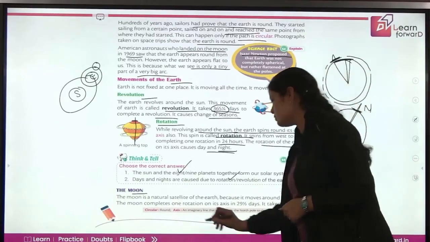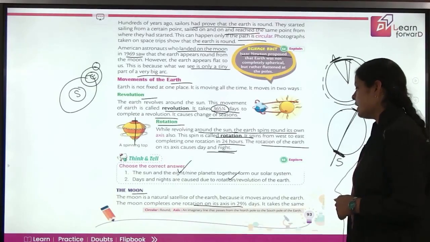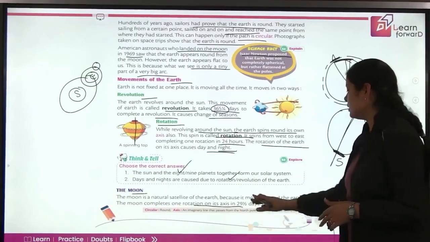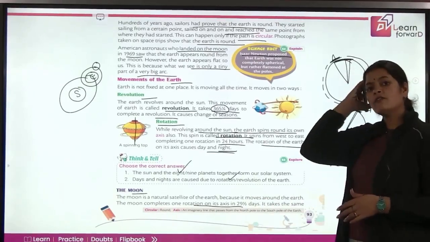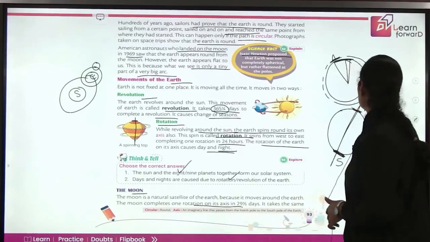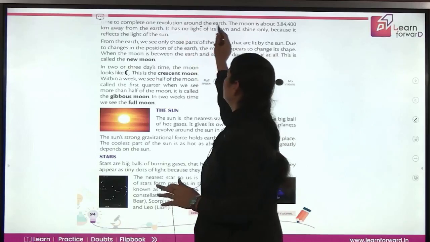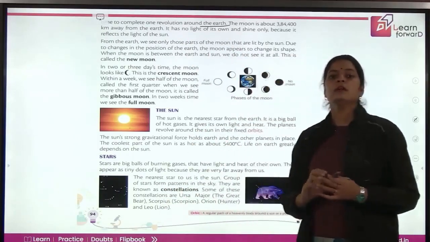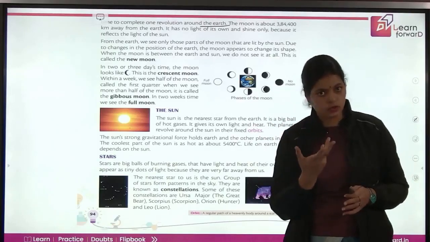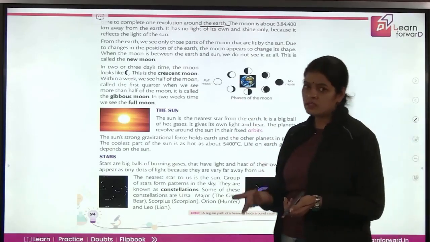The moon completes one rotation on its axis in 29 and a half days, half a day less than 30 days, meaning a month. It takes the same time to complete one revolution around the earth. So it means the moon takes the same amount of time to rotate on its own axis as it takes for the revolution.